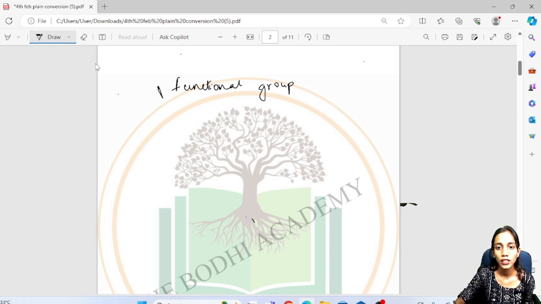There are different functional groups, and when these are attached to the parent chain, the hydrocarbon chain which we had studied last time, it changes the properties and the characteristics of the entire hydrocarbon regardless of the length of the chain. However long the chain is, the attachment of a particular functional group will change the properties of the carbon chain. This functional group is called a heteroatom.